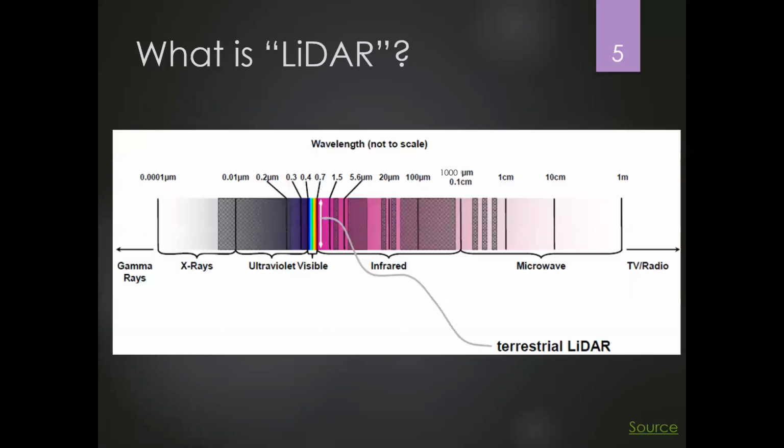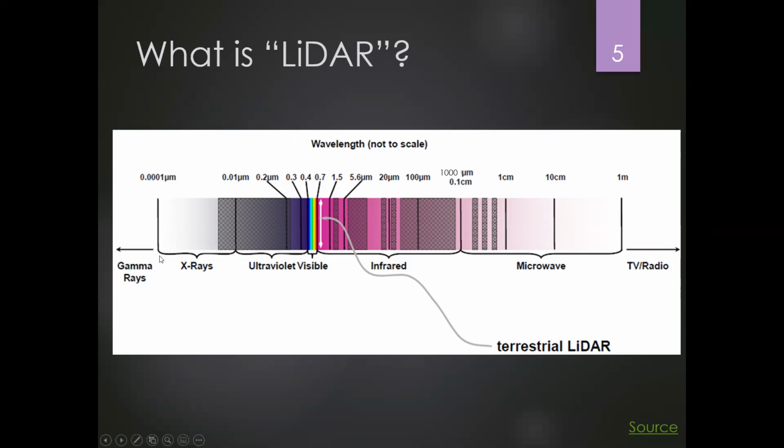And here is the spectrum. When we are talking about EMR, electromagnetic radiation, we always use wavelength to categorize them. Here is the spectrum from left to right: the wavelength of EMR increases. On the left part, we have 0.0001 micrometer.